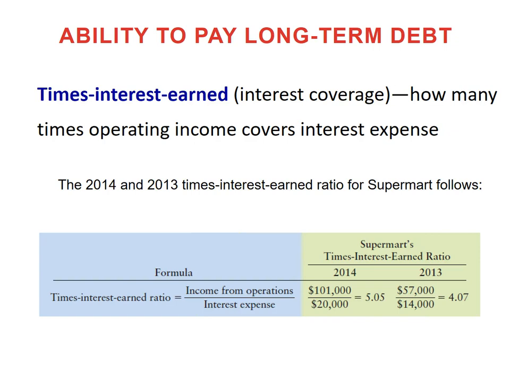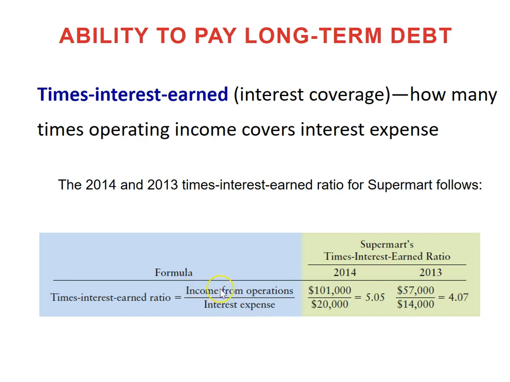Another item is the times interest earned ratio, or we also call it the interest coverage ratio, and it says how many times your operating income covers your interest expense. In short we call it the TIE ratio, times interest earned, and the formula is income from operations divided by interest expense.